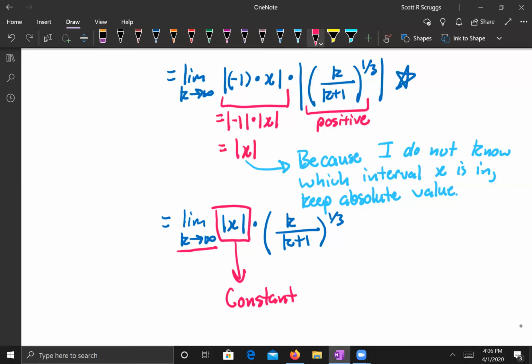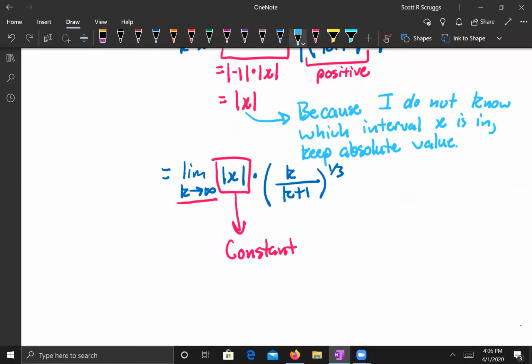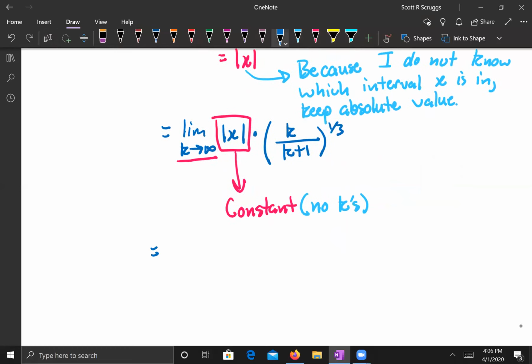I get to treat that as a constant with respect to k. So I'm going to make a note why I'm treating it like a constant: I have no k's with that, and I'm taking my limit with respect to k. So I get to use my limit property that says a constant with respect to the limit gets to go outside, and then I just take the limit of what's left behind.